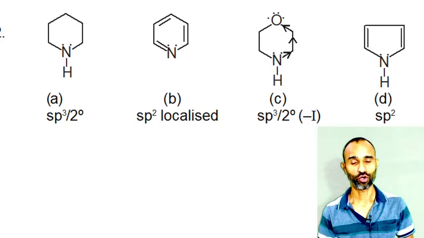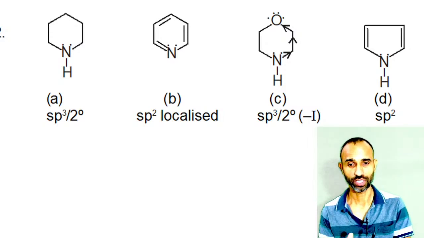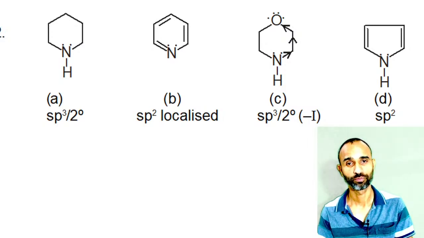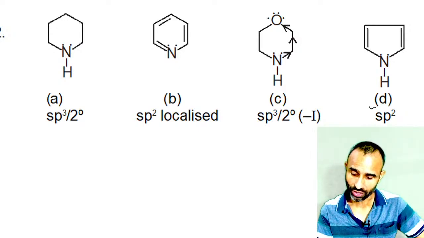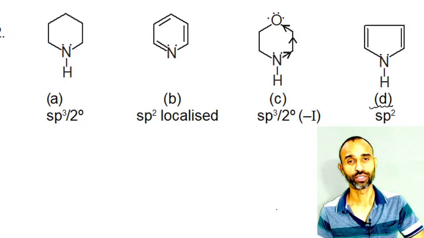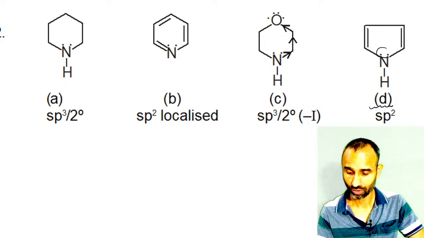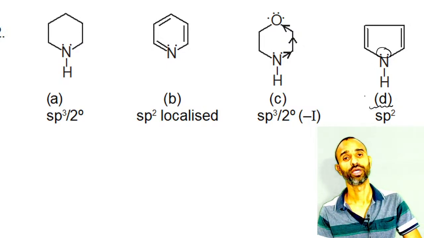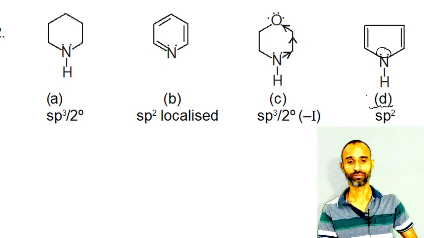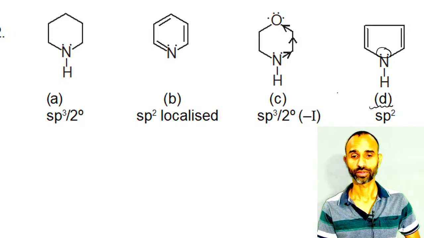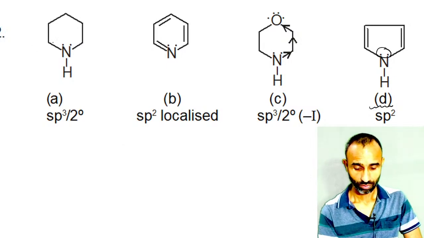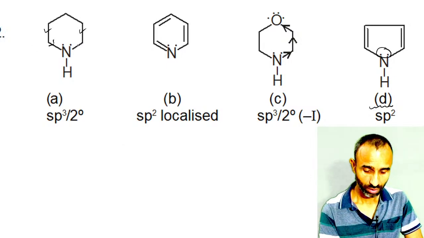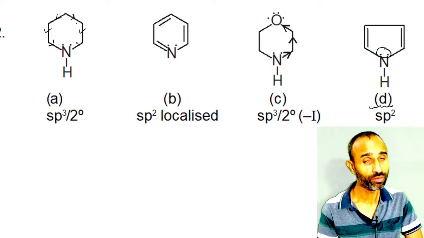Yes, what is the order of basic strength? Fast, this is a very easy question. D will be least basic, because the lone pair is not at all available for donation. A will be most basic, because these carbon atoms donate electrons to it.